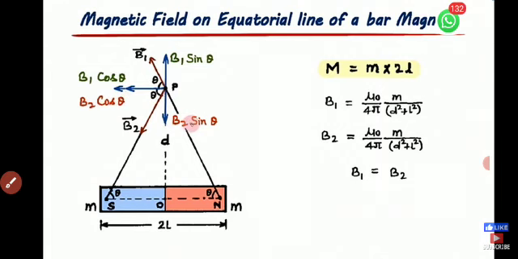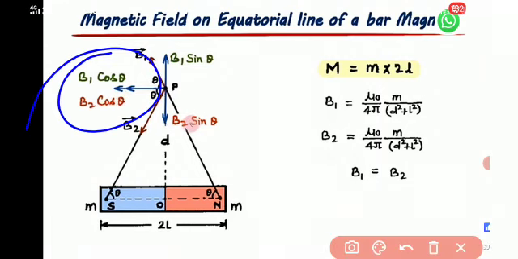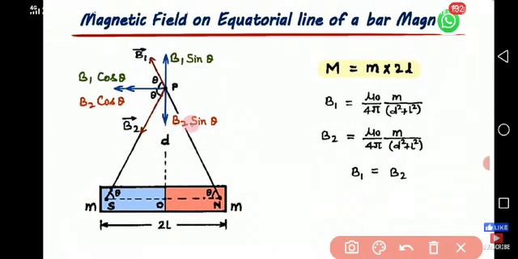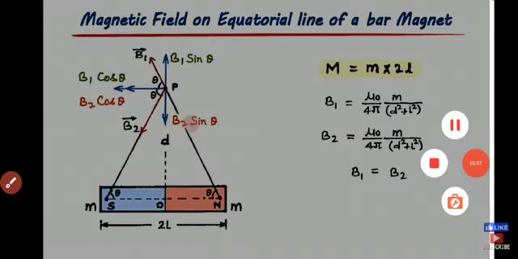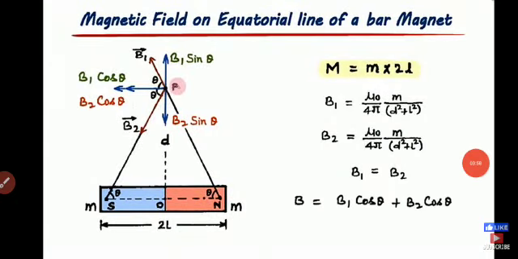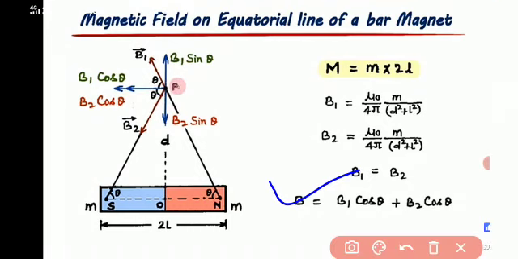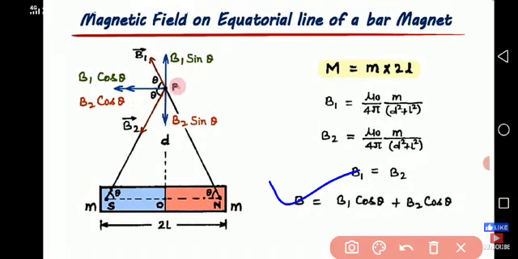But B1 cos theta and B2 cos theta, they both are in same direction, so they will get add up. So when you are adding these, B will be equal to B1 cos theta plus B2 cos theta.